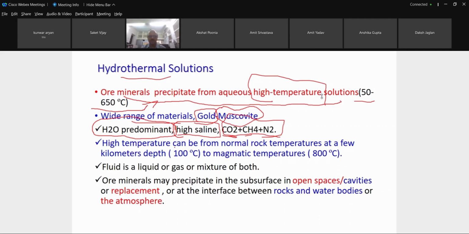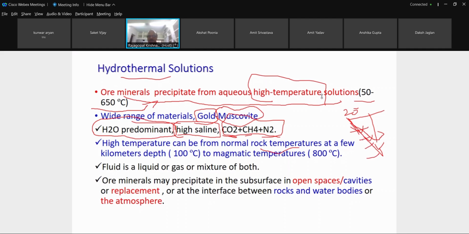So this high temperature can come from the normal rock temperatures. Suppose you consider a crustal depth and you have certain deep flowing water, deep meteoric water. Here it is 25 degrees Celsius at the surface. When it starts going down deeper and deeper, the geothermal gradient keeps on increasing.